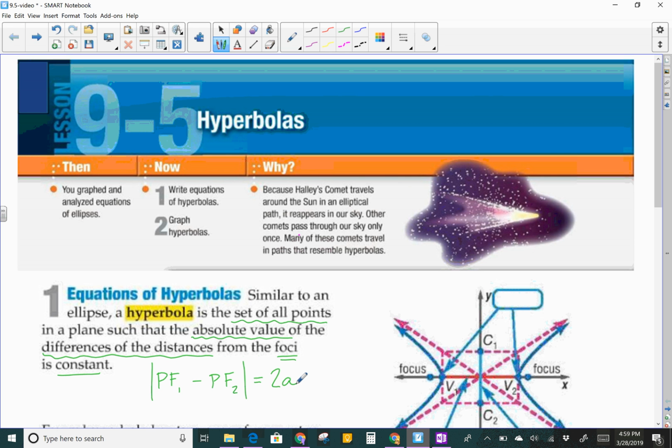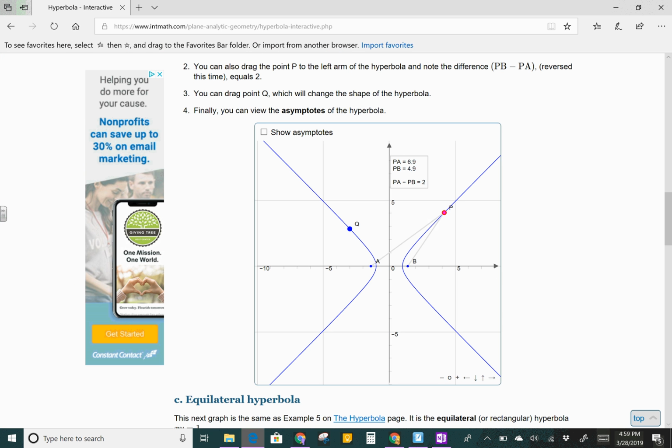Okay, so let's go look at the interactive one that we have, because we've talked about it. So we have one that looks like this. All right, here they're choosing points A and B instead of calling it F sub 1, F sub 2. Okay, but the difference between the distances, so any point on here, if I go from P to A and P to B and I subtract these two things, I'm always going to get the same number.